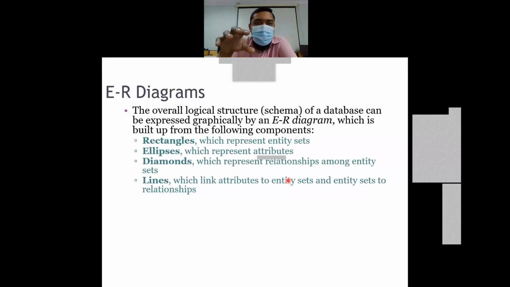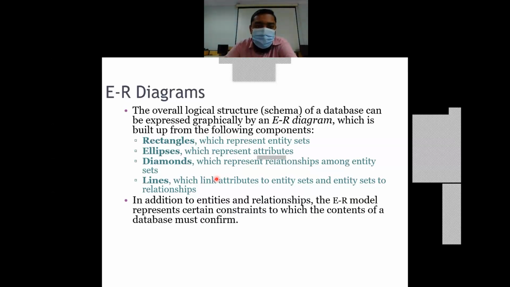To depict those things, we use certain notational figures. For example, we'll use rectangles to represent entity sets. We'll use ellipses to represent attributes. We'll use diamonds to represent relationships. We'll use lines to say that there is a link between the relationship and the entities. I hope till here it's clear for everyone.